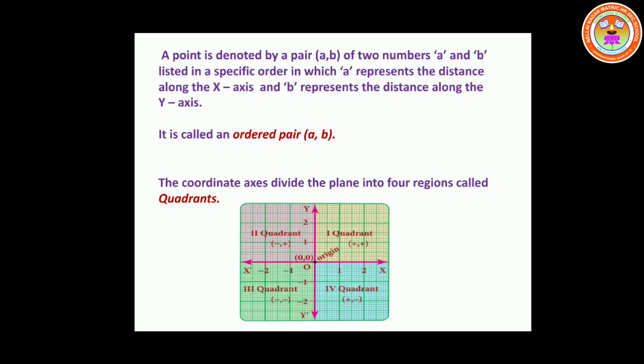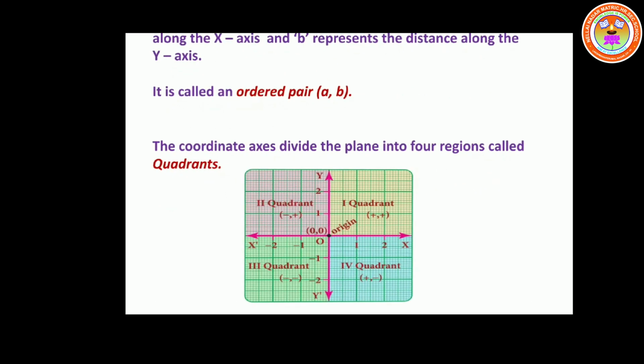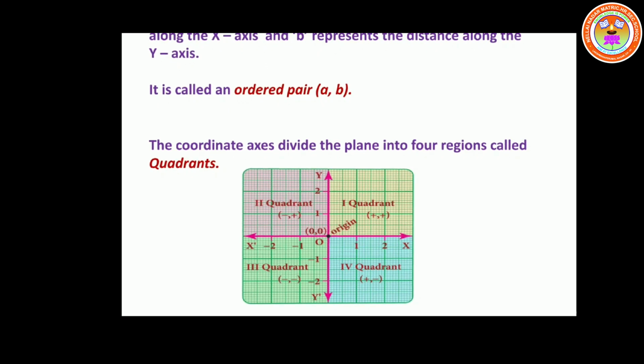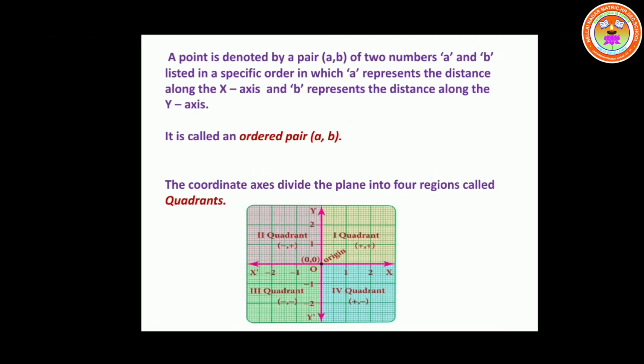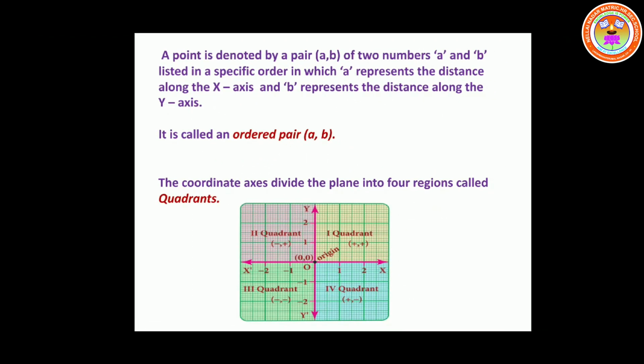The second quadrant has x as negative and y as positive. Now move on to the third quadrant. Both x and y are negative values. The last quadrant, you will have x as positive and y as negative. So these are the 4 quadrants. Okay, understood children? Remember this, we will be doing the exercise for this also.